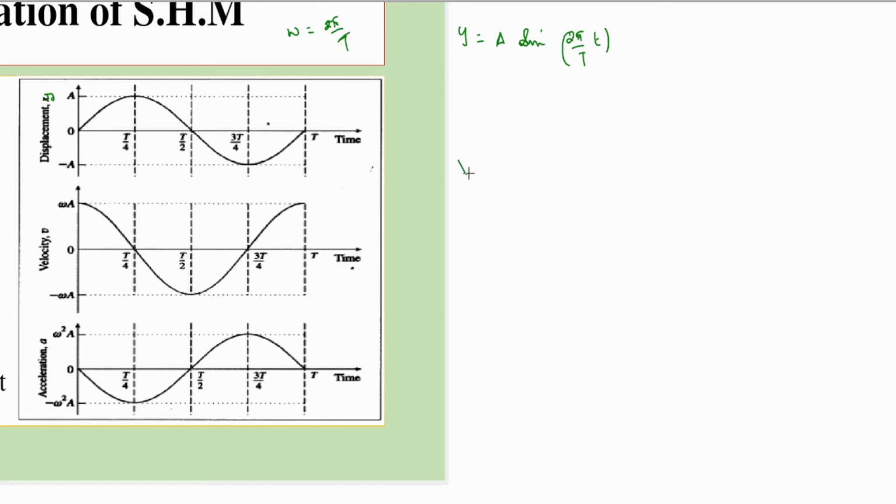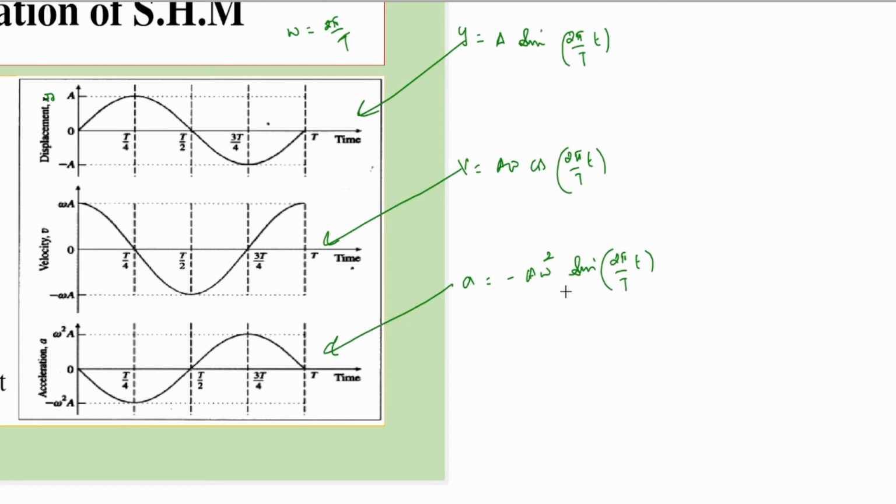Similarly, velocity was A omega into cos of 2 pi by capital T into small t, and acceleration was equal to minus A omega square into sine of 2 pi by capital T small t. This is what would be the curve for displacement, velocity, and acceleration. This is what graph we get.